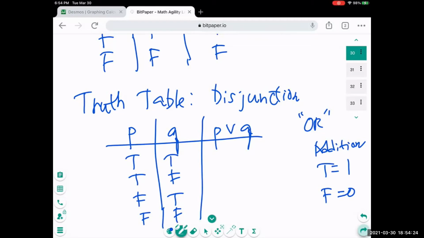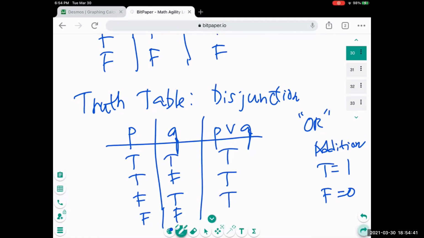So when true and true, disjunction true or true is still true, right? And then true and false, of course, 1 plus 0 is still true. And then false and true is still true.